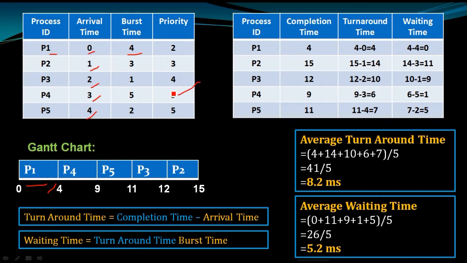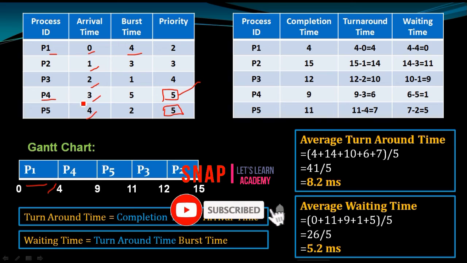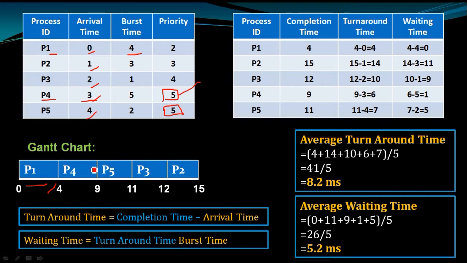So now which one to select? Now we have to select based on the priority. P4 and P5 both have the same priority, equal priority, but we take P4 because it arrived first. So FCFS policy is adopted here if two processes have the same priority.